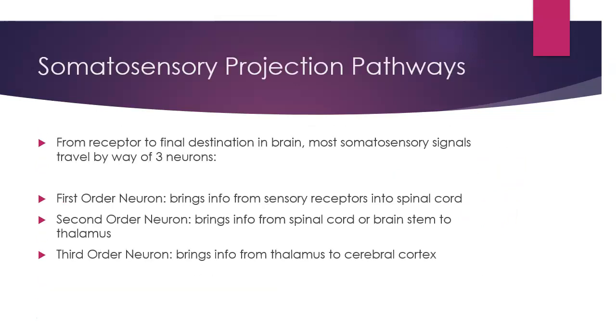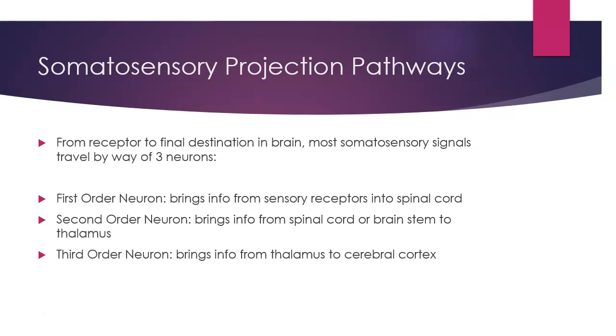We also have those somatosensory projection pathways, which we talked about earlier in the semester, which we're going to talk about again. From that receptor cell, that sensory neuron, to the final destination in the brain, most somatosensory signals have to travel by way of 3 neurons.